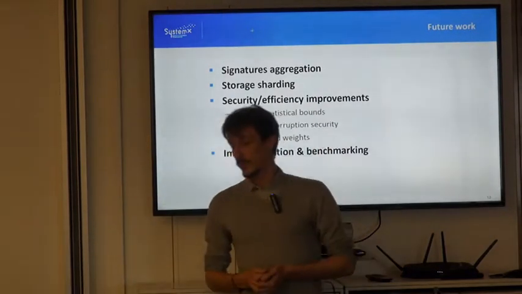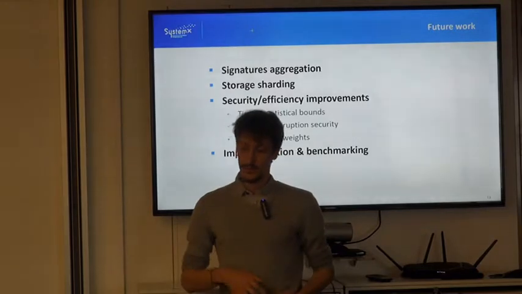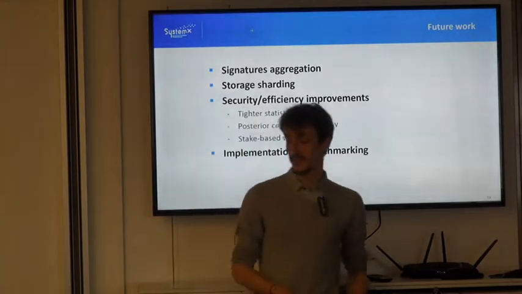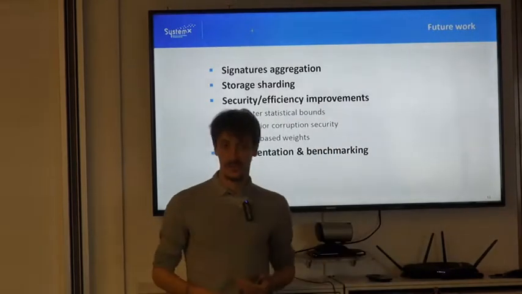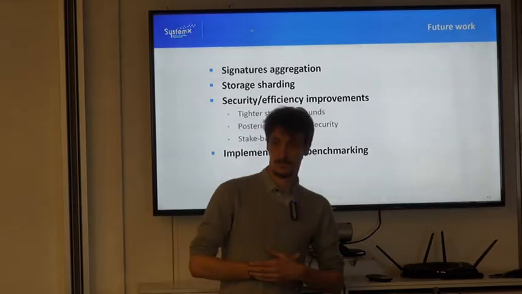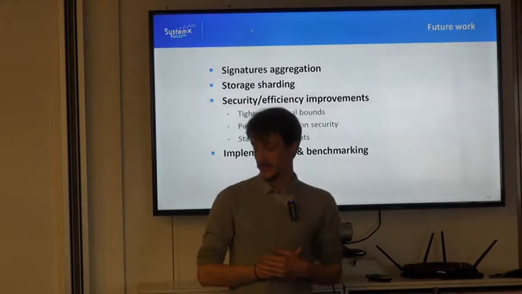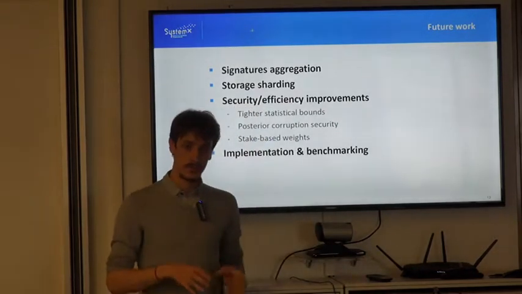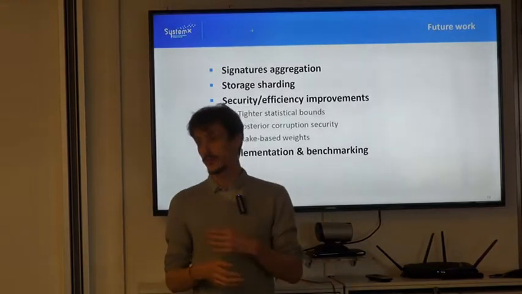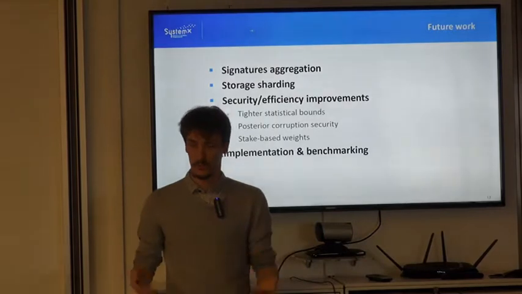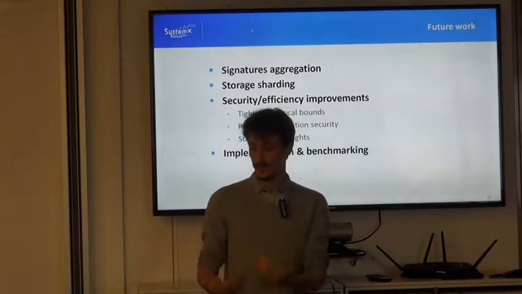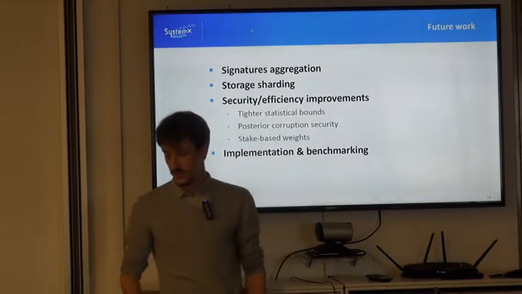For future work, we have a lot of possible efficiency improvements, including signature aggregation, like Yannick, I'm sure, convinced you this morning. We also want to extend the sharding mechanism to storage, because currently we store all transactions, but we have the right setting to make that easier.